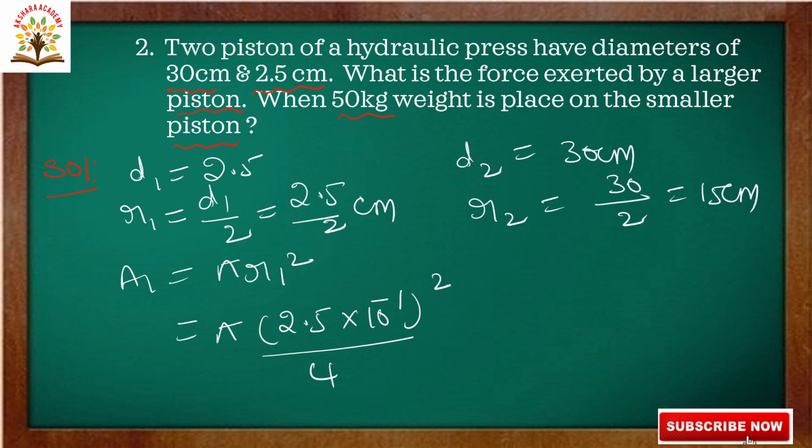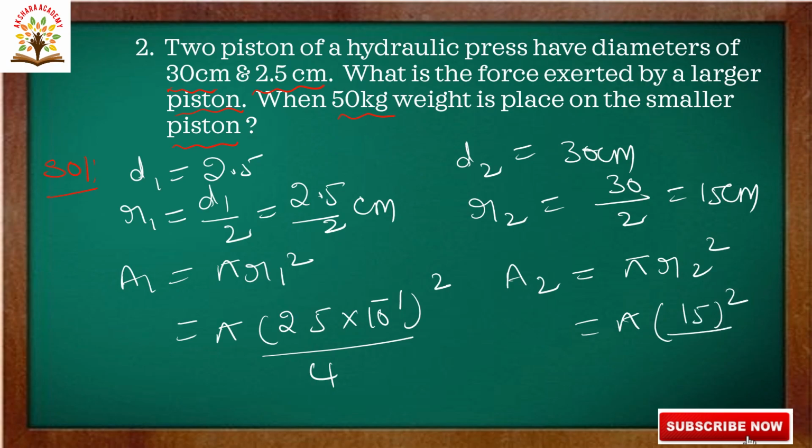Here 2.5 can be written as 25 by 10. So 25 into 10 to the power of minus 1. And again here we calculate A2. A2 is equals to pi R2 square, that is equals to pi of 15 whole square.